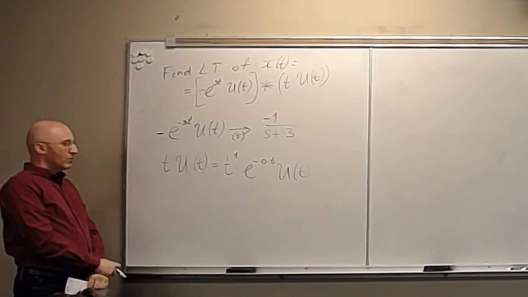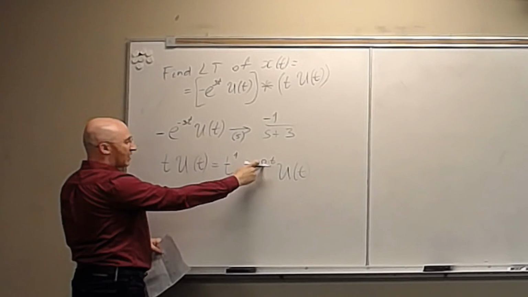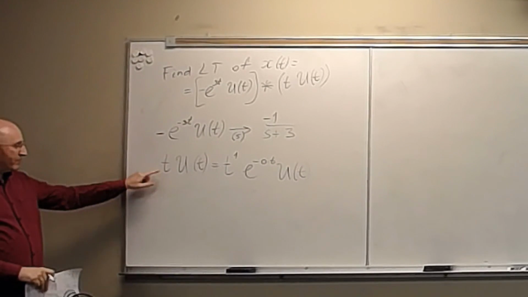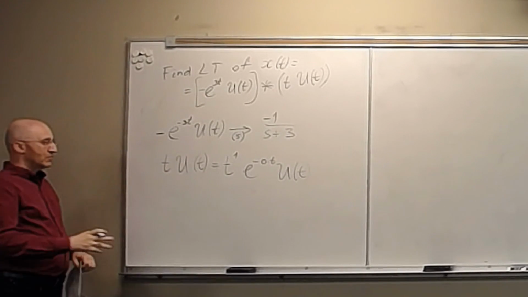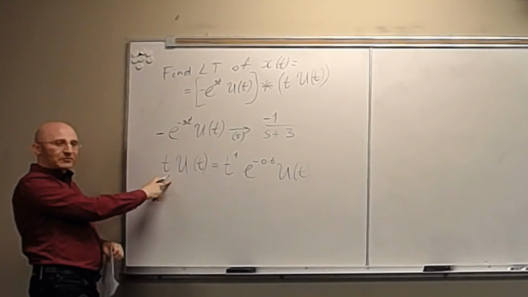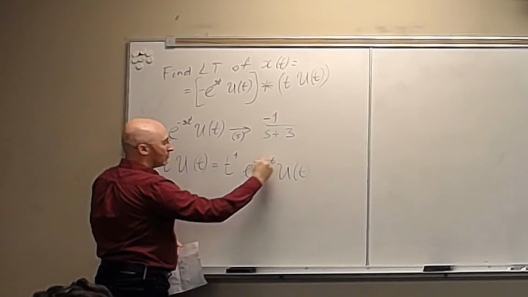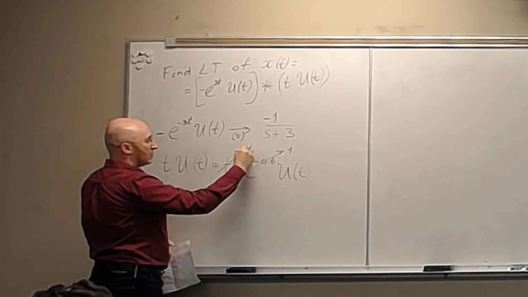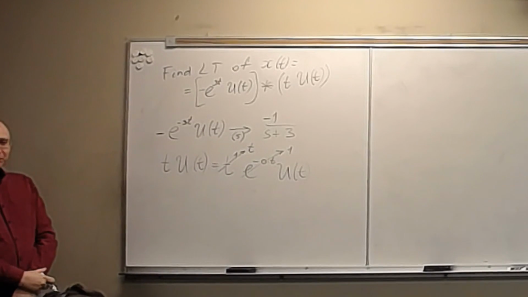Because in the table you have t to the power of n, e to the power of -at, u of t. This is what you have in the table. You don't have t times u. So you're just finding a specific case of that thing. Obviously if this one equals 0, the exponent will be 1, and t to the power of 1 will be t. Right? It's the same thing.